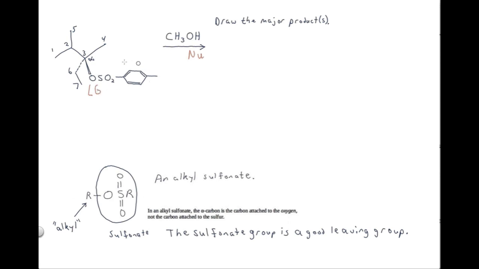We could say that this whole group is the leaving group, but it's also helpful to say that this particular oxygen is the leaving group atom, because this is the one that's attached to the alpha carbon. Again, not one of these two oxygens. In the alkyl sulfonate, the alpha carbon is the carbon attached to the oxygen, which makes this oxygen the leaving group, and this carbon the alpha carbon. Those are things that are useful to have memorized about a sulfonate.